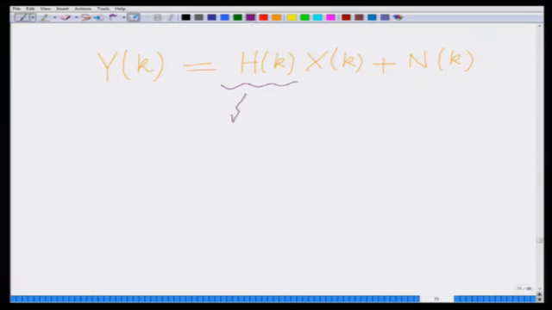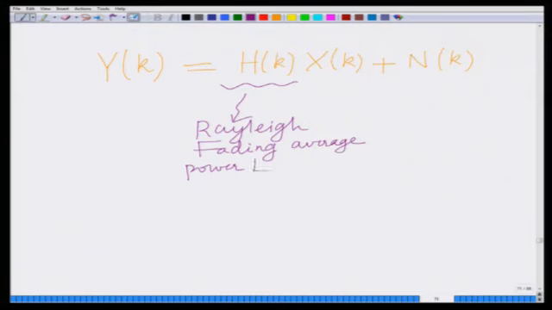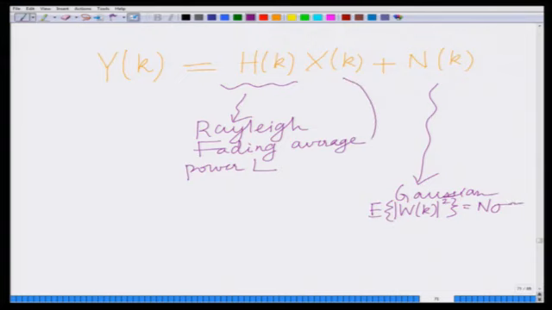So, this is Rayleigh fading with average power L, this is Gaussian noise, with noise variance expected magnitude W square equals n sigma square.